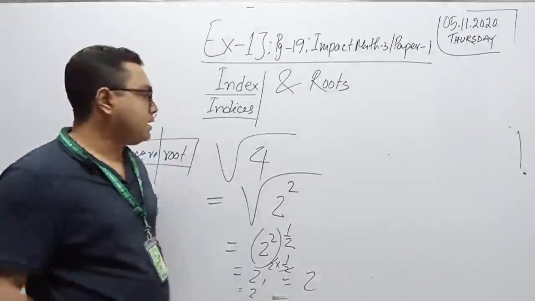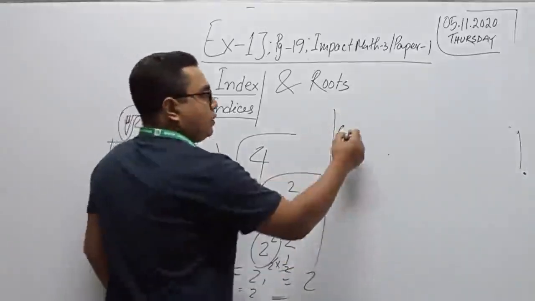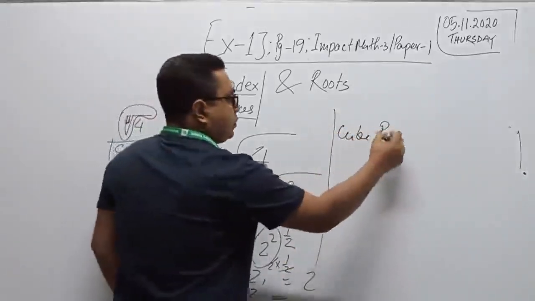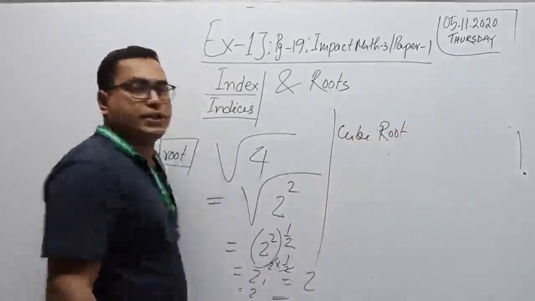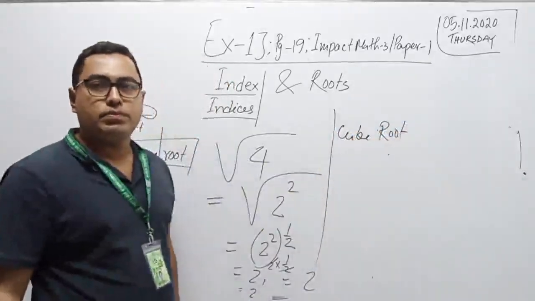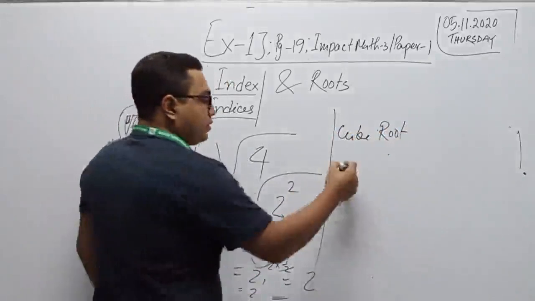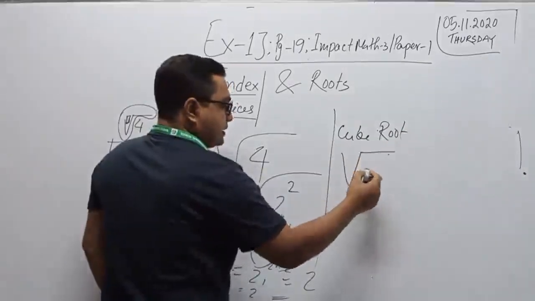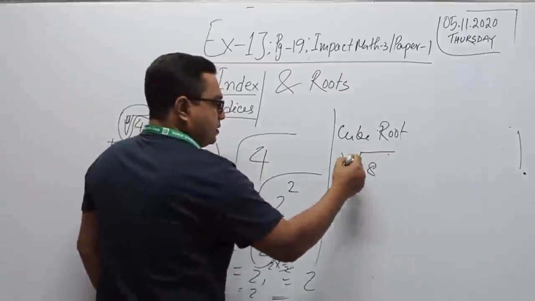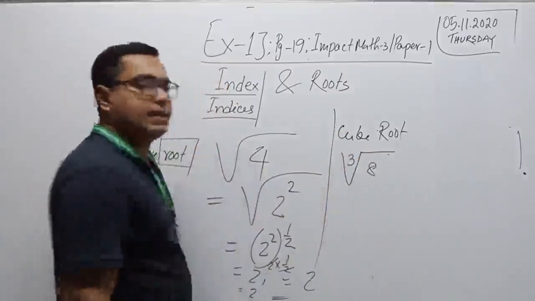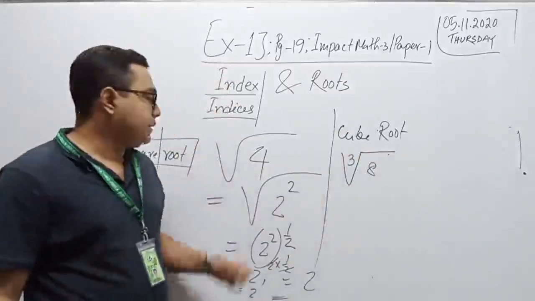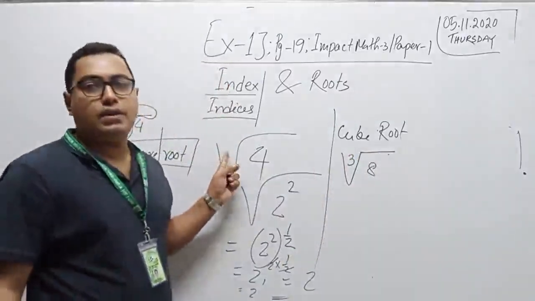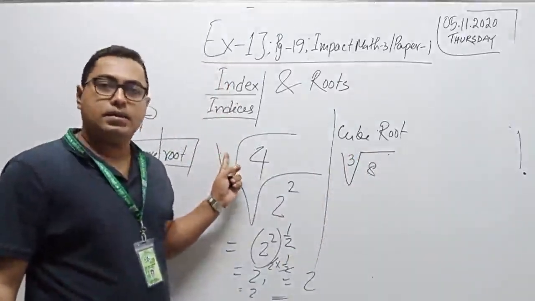But sometimes we will have cube root. So what is cube root? Cube root is represented as this 3. That means when you have 2 here, you don't need to write it.